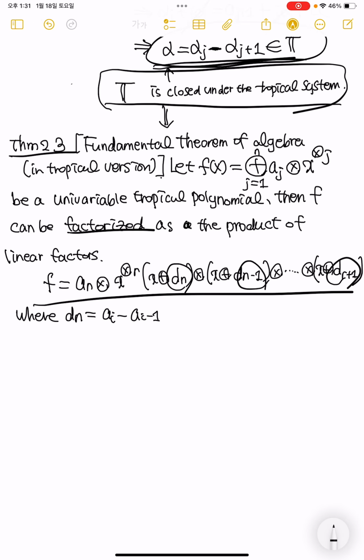So, okay, the following theorem, so based on what I explained, we can obtain the following theorem.